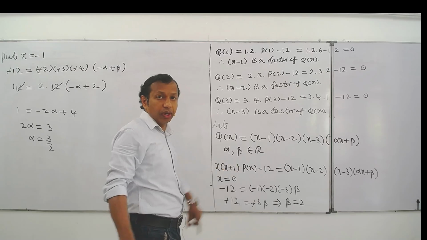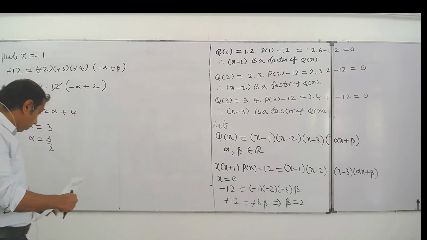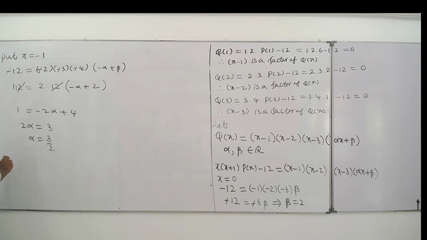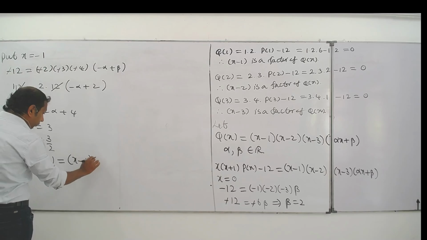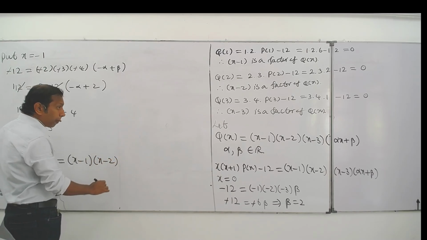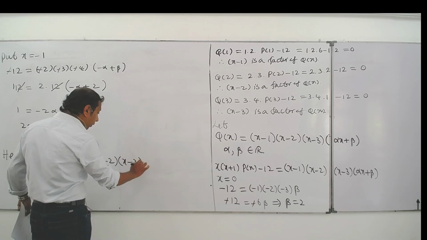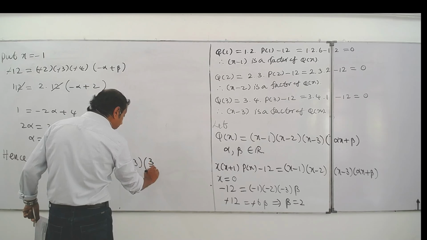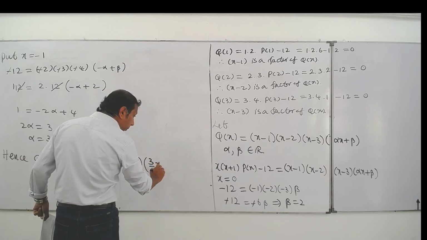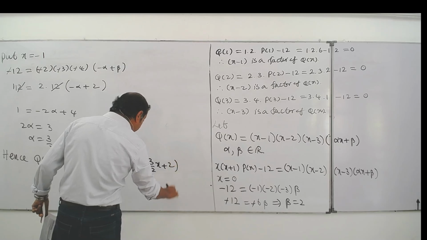This is q x. Therefore you can write the final answer of q x. Hence q x is x minus 1, x minus 2, x minus 3, times 3 by 2 x plus 2.